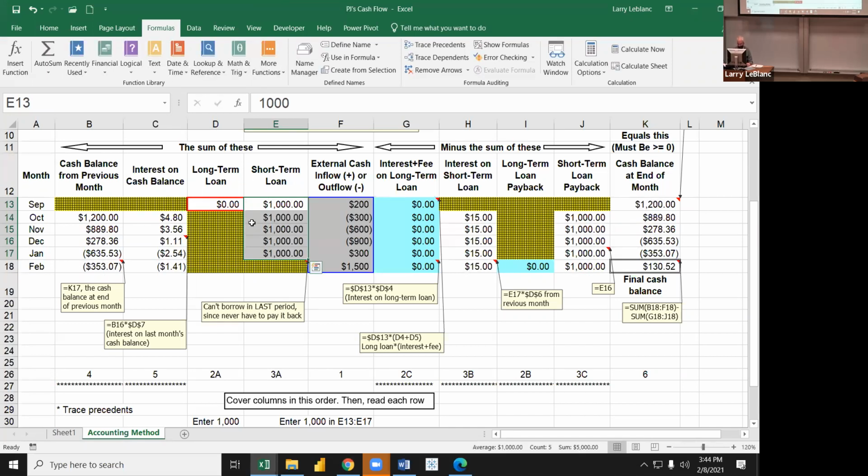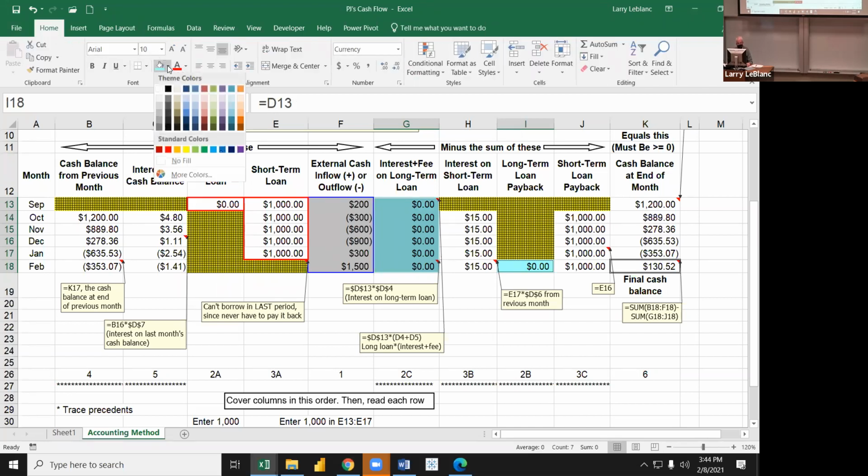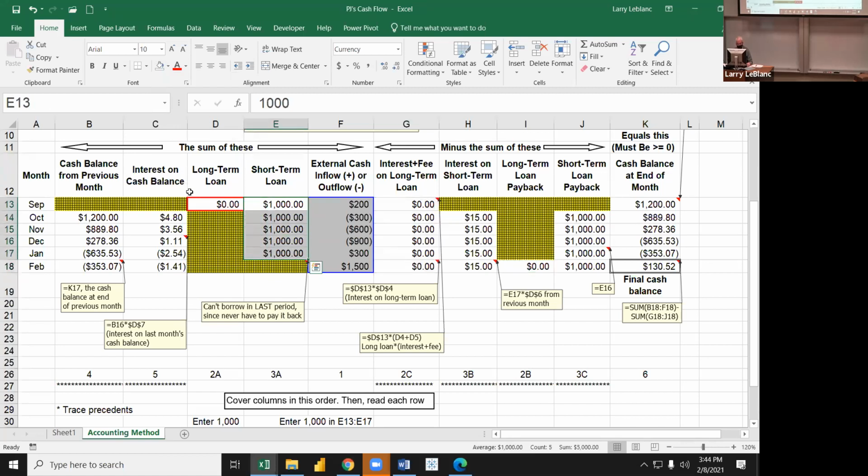I just entered 1,000 in column E. Let me reset my colors so you can see which ones I want to emphasize. Orange is gold.